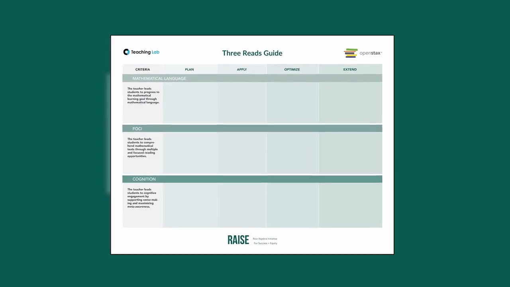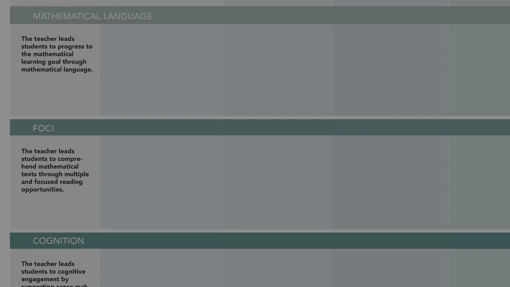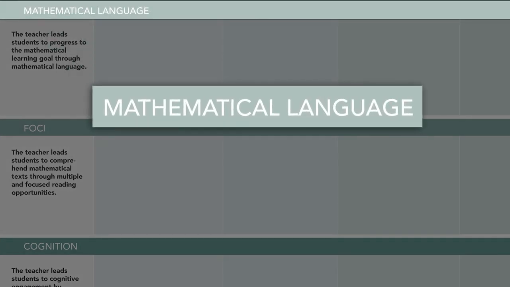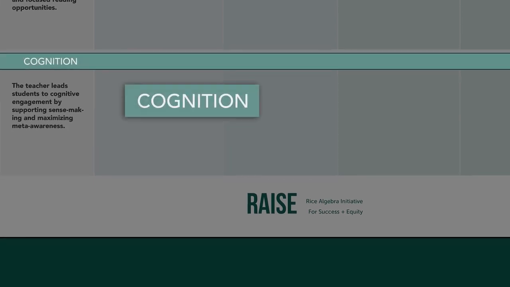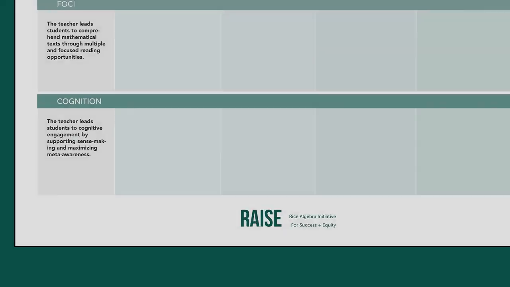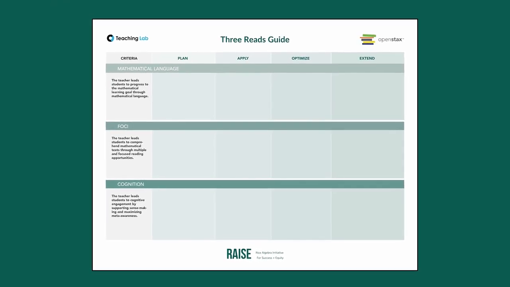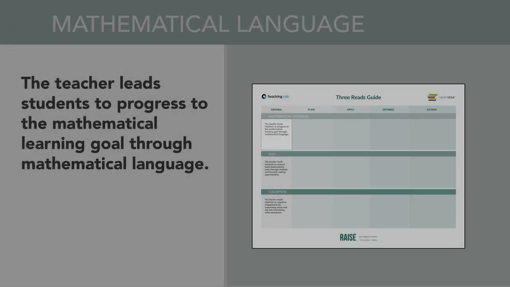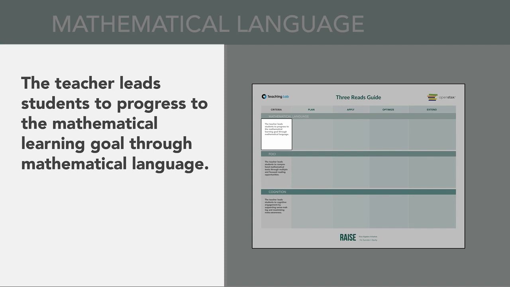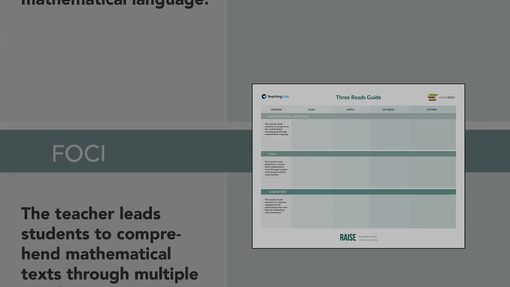Think of 3 reads as having 3 criteria: mathematical language, reading foci, and cognition. When you apply all steps of the routine, you engage students in all 3. Specifically, 1. The teacher leads students to progress to the mathematical learning goal through the use of mathematical language. 2.